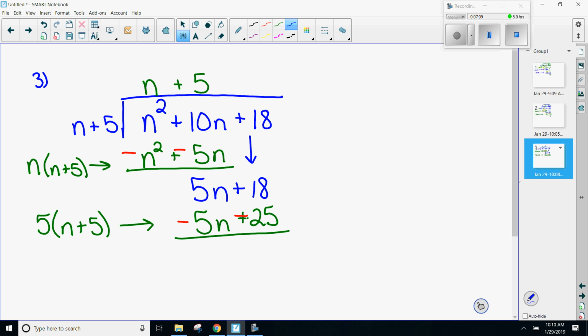And what is 18 minus 25? Negative 7. So it becomes negative 7 over n plus 5. So if that second term is negative, it becomes positive. If it's positive, it becomes negative. Now I want to show you something with the next one. The next one's just a little bit different yet. Questions on 3?